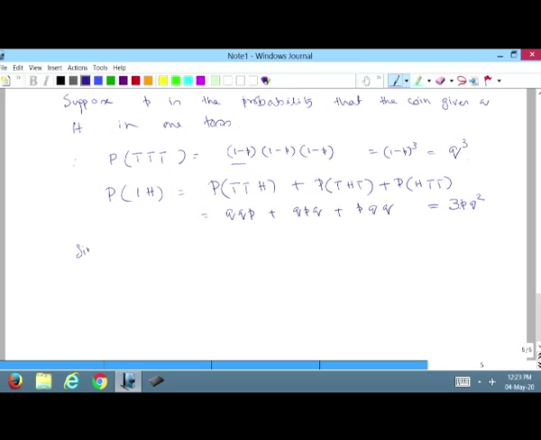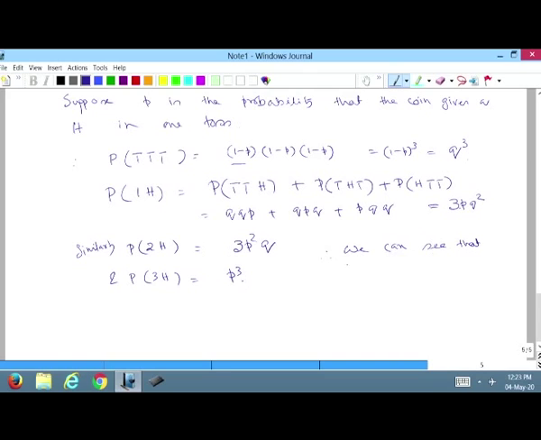Similarly, probability of 2 heads comes out to be 3 p square q, and probability of 3 heads is equal to p cube.